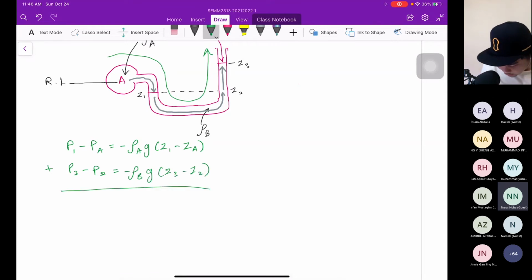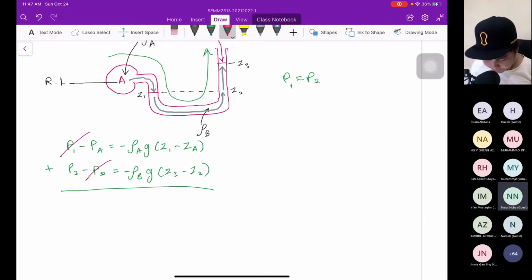So you need to cancel. P1 and P2, is it the same? P1 equal to P2, pressure? Yes, the same, right? So we can cancel P1 minus P2 because it is the same. So what do we have now?